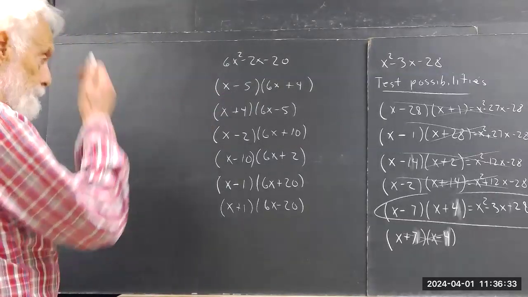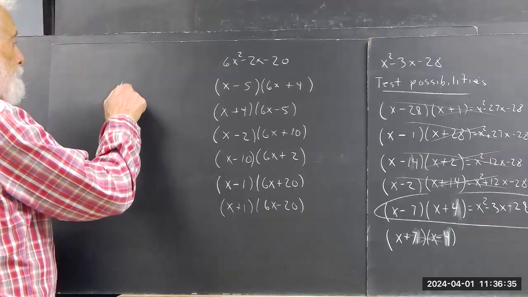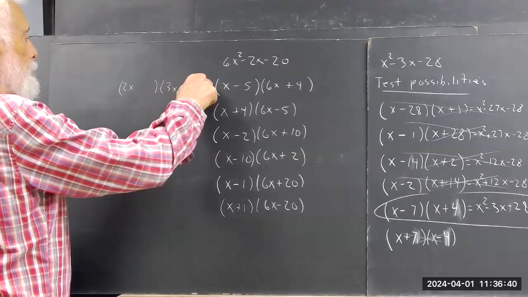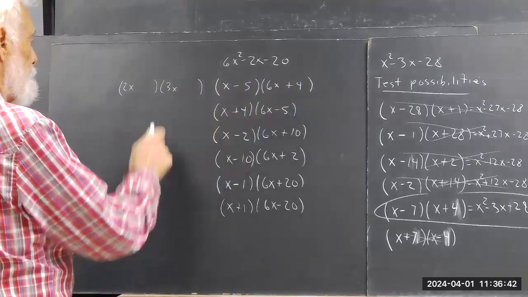Well, that's fine, but then we could have 2x and 3x with all these numbers again.